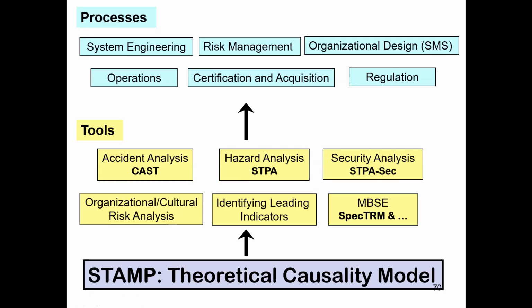We can identify leading indicators of increasing risk. We can use this in model-based system engineering. And if we put the tools together, we can get much more powerful processes: system engineering processes, risk management, regulation, certification, and so on.